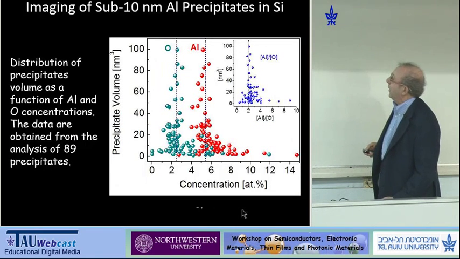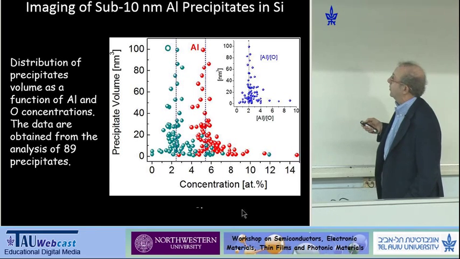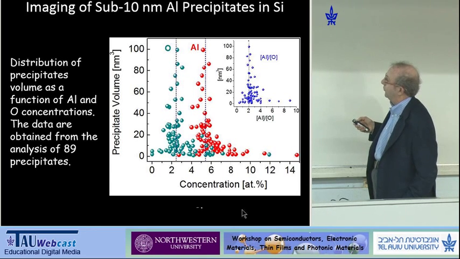Okay, now we make a plot. This is the volume of the precipitates in cubic nanometers, and the O is oxygen, of course, and aluminum here is in red, oxygen is in green, and this is the concentration in each of these precipitates. And this analysis was done by hand.